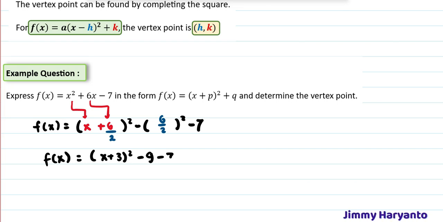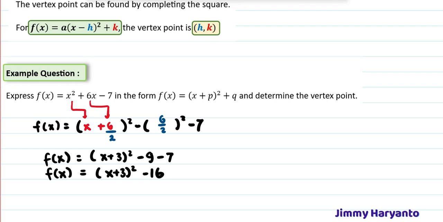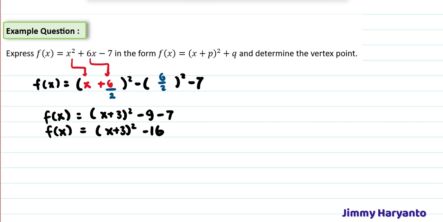For this one, you can use your calculator to calculate it. So you have f(x) equals (x plus 3) squared and then minus 16. There you go. This is the completing the square form. Next is to find the vertex point. To find the vertex point, you can get the value of x from the x plus 3.